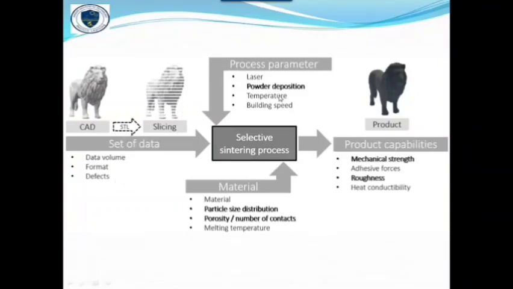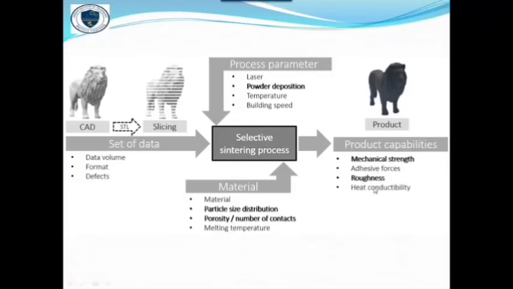The next one is the second stage. Yes, mainly we have to focus on the material. What type of material we are going to use is very important, because the material can be brittle or ductile, hard or soft. So based on the applications we have to choose the materials. In the materials, what properties do we need to consider?